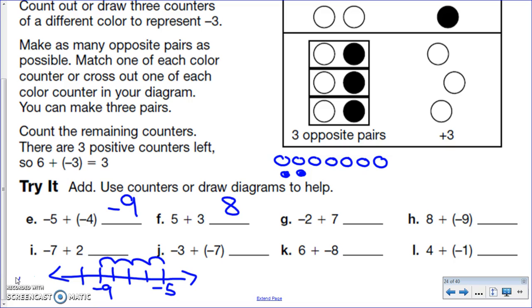So the open circles are my +7, and then I have my -2 in the closed circles, and you can see I've made them pairs. So we're going to cross out the pairs. And then I have 5 left. So -2 plus 7 is the same as 7 minus 2.